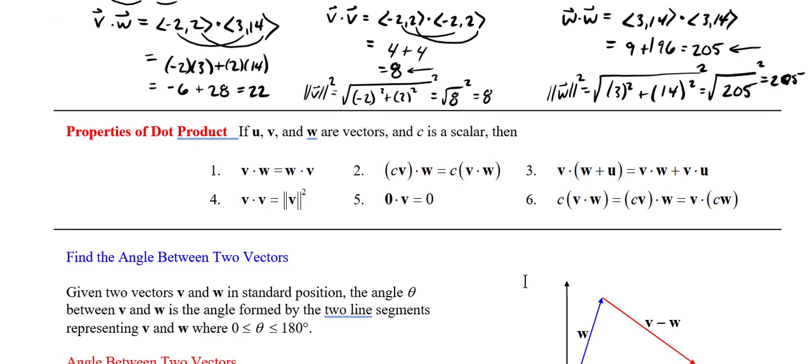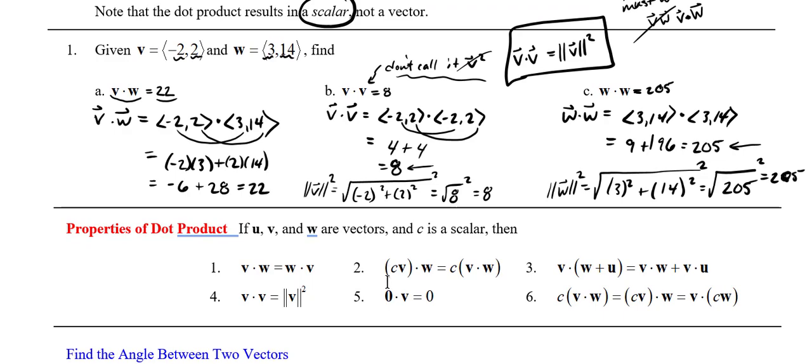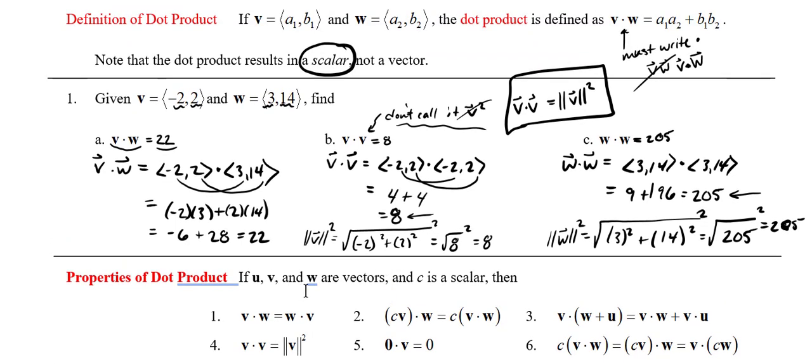So let's go a little bit further here. Let's talk about some of the properties of dot products. If U, V, and W are vectors, and C is some scalar, just a number, then all of these rules here hold. The first rule here is telling you that it doesn't matter which order you dot two vectors in.